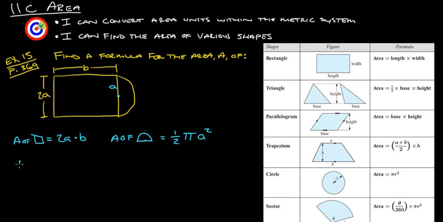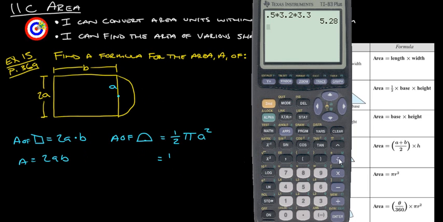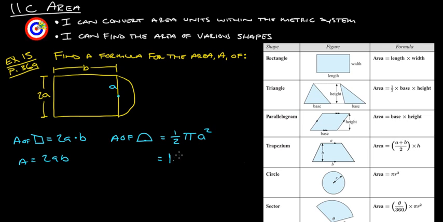So this area is going to equal 2ab. This area is going to equal, I guess we could multiply 1/2 times pi. So we can do 0.5 times pi. Gives us 1.57. So let's go with 1.57a squared, or you could just leave it as 1/2 pi a squared, either way.